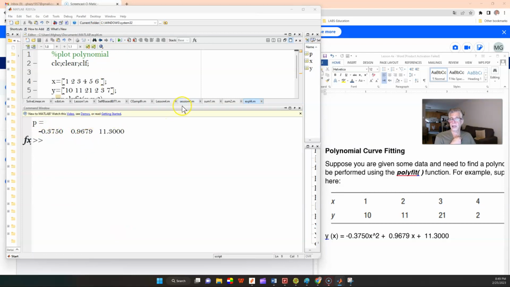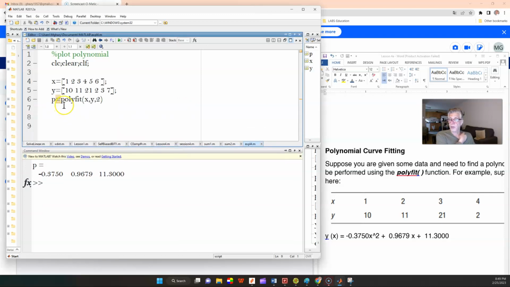The polynomial that I chose to be quadratic, the polyfit function took x, took y, and then 2, I chose it to have the second order. So let me put a comment here, 2 for quadratic polynomial. To make a comment, it has to be a percent sign here.